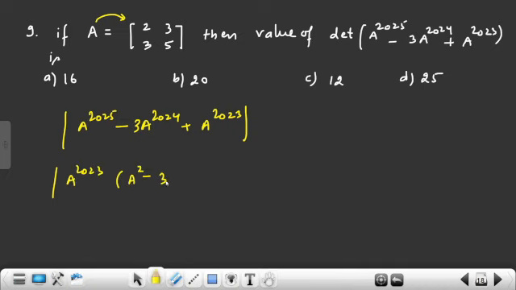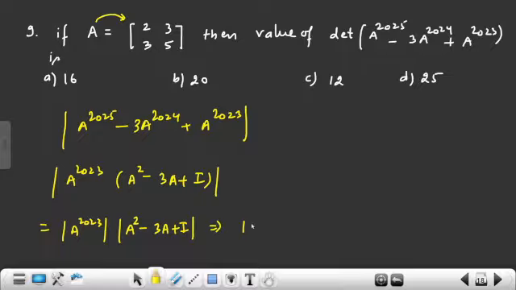So A square minus 3A plus I. So this you know that determinant gets separated when multiplied. Now this I can write as determinant of A power 2023 and determinant of A square minus 3A plus I.